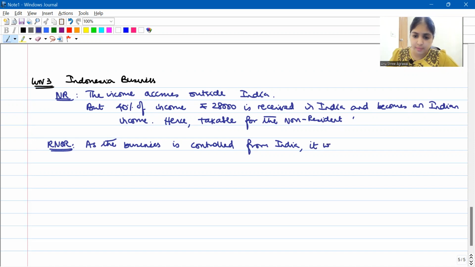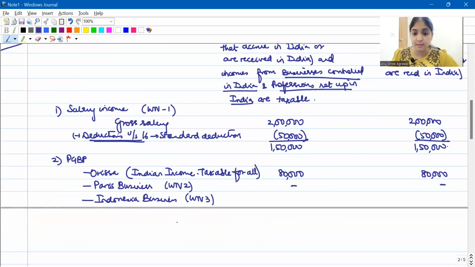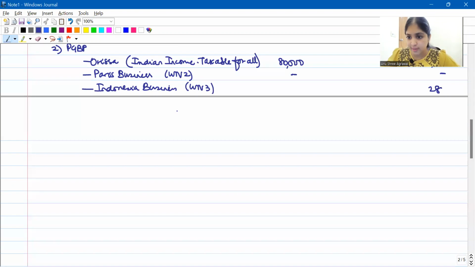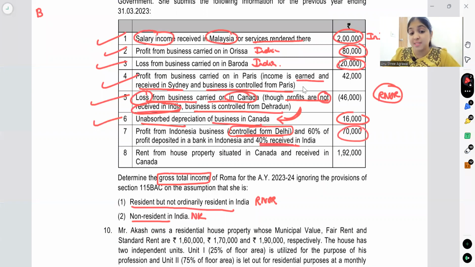It will be taxable for RNOR. So come back to your main answer. For NR, only 28,000 you're going to tax. For RNOR, full 70,000 you're going to tax. Are you all following till here? Crystal clear? Yes, for RNOR I'm taxing fully because business is controlled in India. Even this we are done.